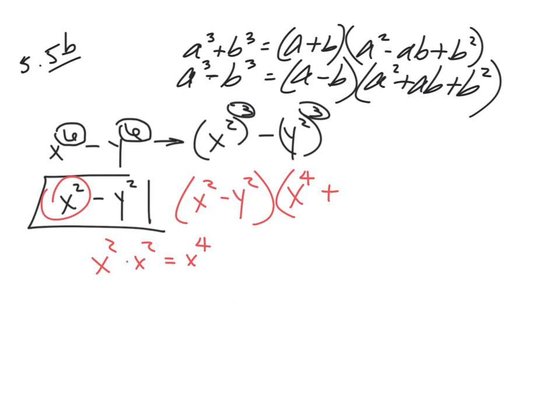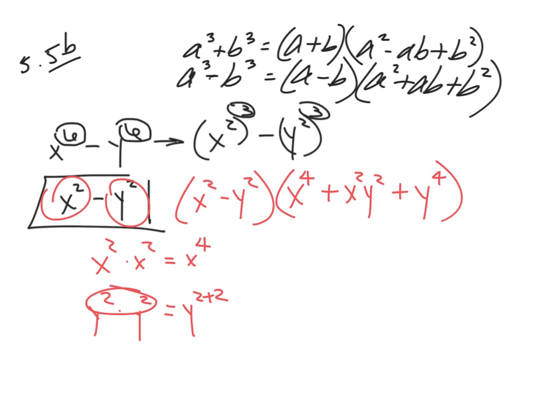Plus, it says multiply those two together. X squared, y squared, plus this squared. Y squared times y squared equals y to the 2 plus 2. Remember, when you multiply exponents, you add them. And I am done.